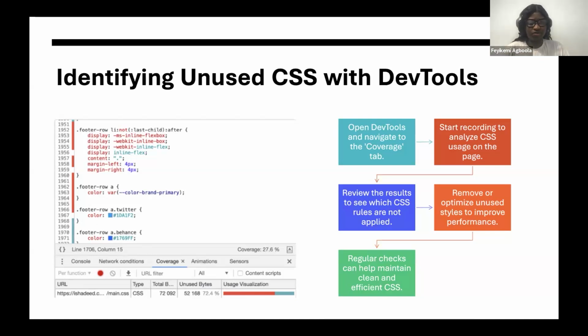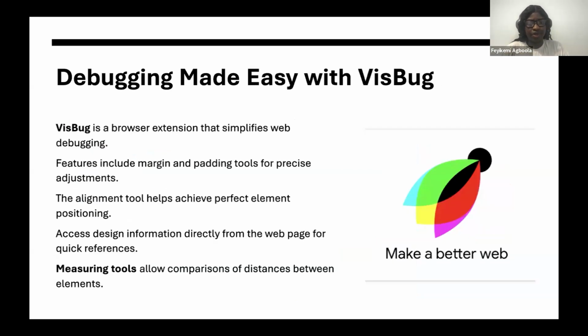Yeah, so this is very useful for identifying unused CSS code. And even if you are reviewing another person's code, you can as well check their CSS that is not useful on a particular component or a particular page.